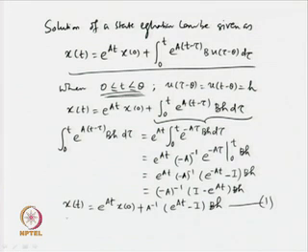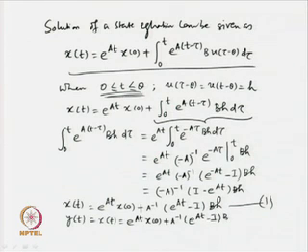Now, the output of the system for the same time range can be obtained as y t is equal to x t is equal to e to the power a t x 0 plus a inverse e to the power a t minus I, b h.